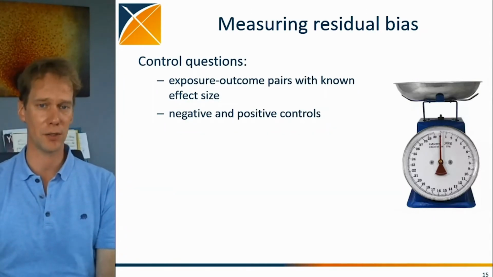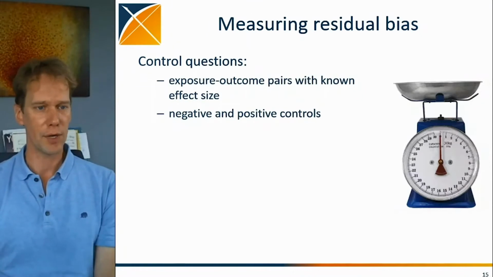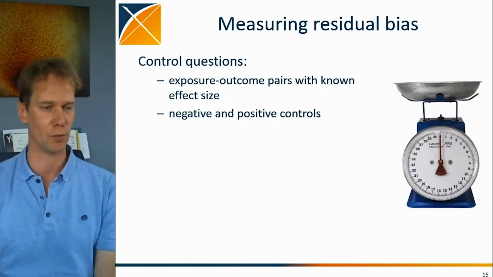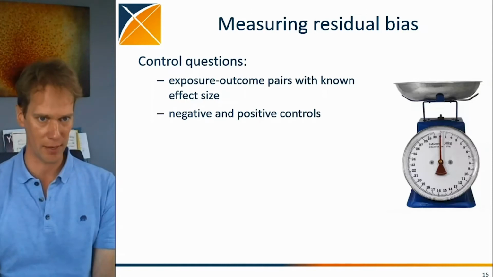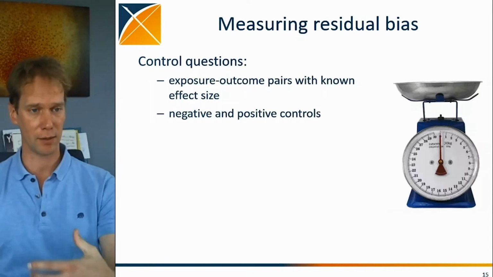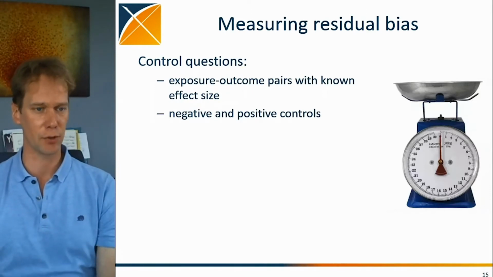These are questions, exposure outcome pairs, where we know the effect size. We typically have two types. We have negative and positive controls, where negative controls are questions where we know that the answer is there is no effect. And for positive controls, we know that there is some effect of a certain magnitude. And then we can test whether or not our study design actually produces those results.